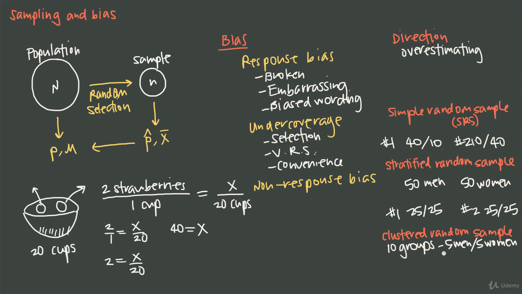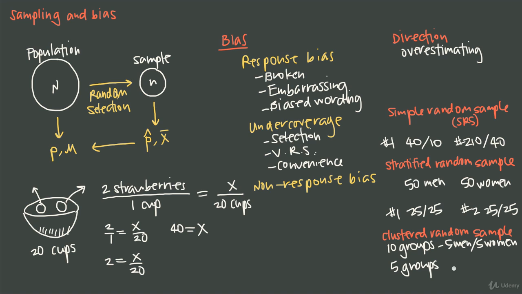And then each of these groups is a cluster. Then maybe for our sample, we just select 5 of these 10 groups, or 5 of the 10 clusters, and we sample all the people in those 5 clusters.